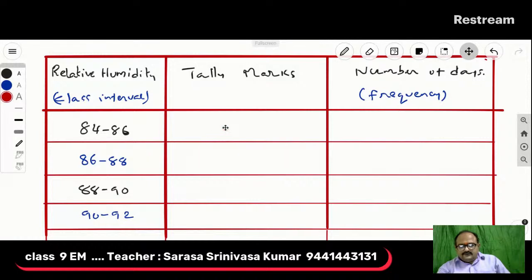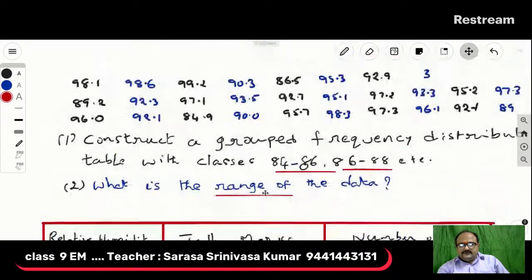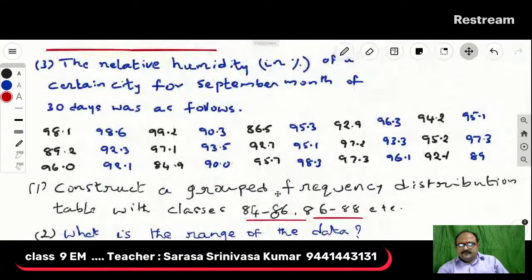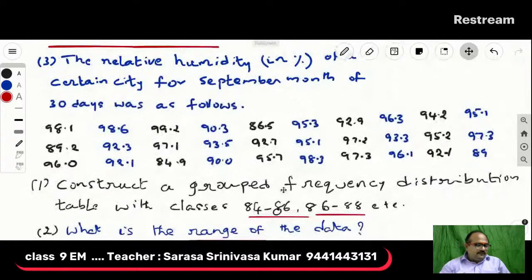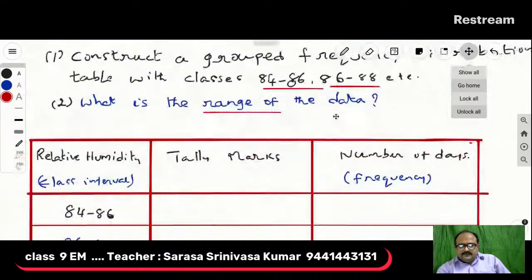How many observations are there in each class interval? The first class interval is 84 to 86.